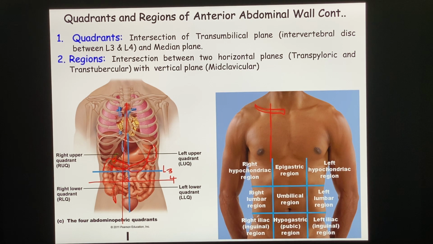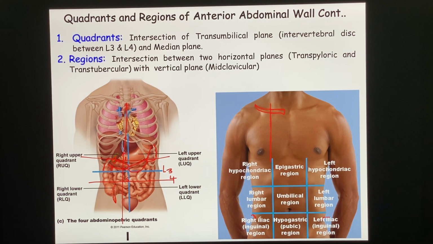Let's start with this one. Here's the stomach, and this part we call the pylorus of the stomach. So I'm going to draw a line like that. That would be the transpyloric line, or plane. And here is the tubercle of the iliac crest.